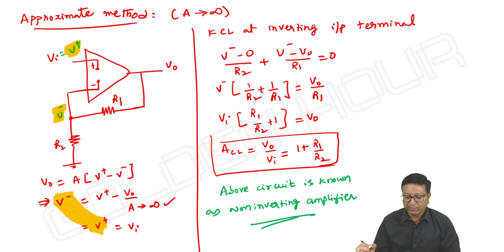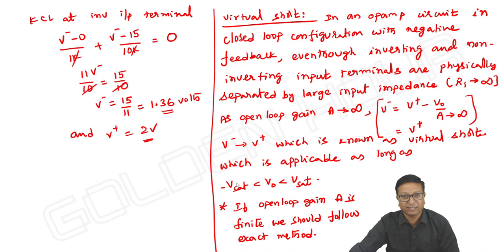Okay, this is the idea here. Next, instead of giving input at the non-inverting terminal, let us apply input at the inverting terminal. Analyze the same, with the exact method and the approximate method, both. We call that an inverting amplifier, of course. I'm just writing the title first; later I will explain why the name inverting amplifier.